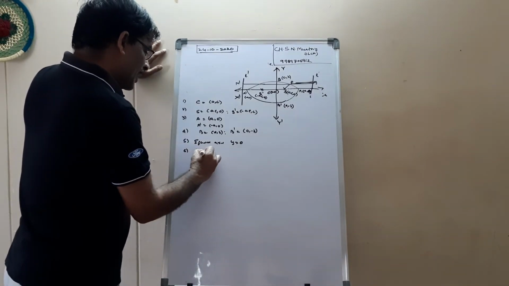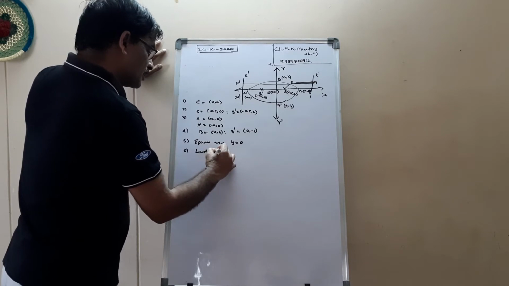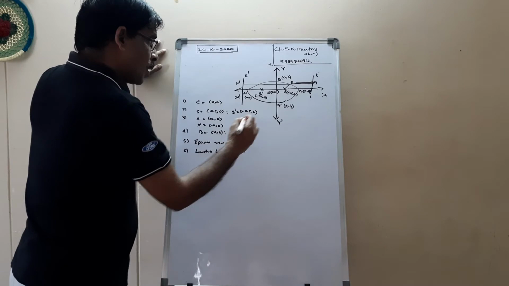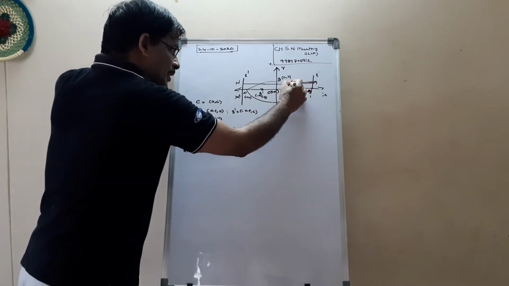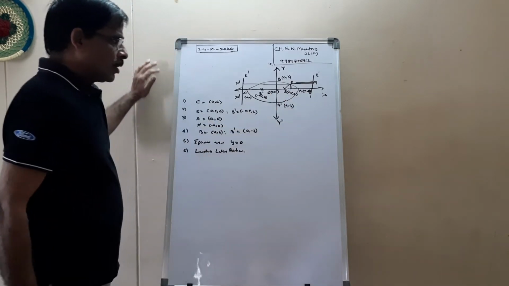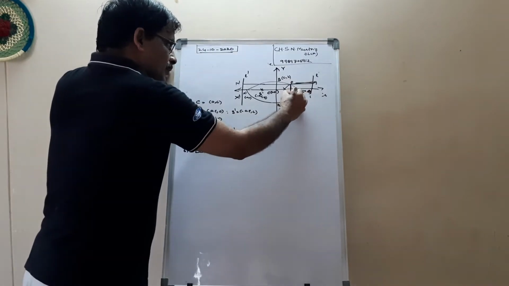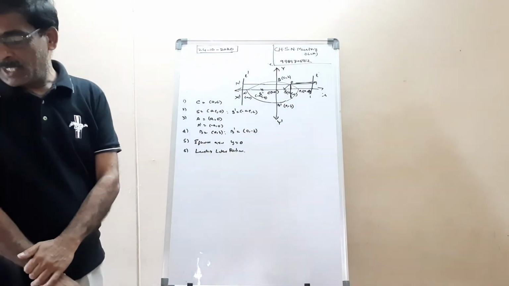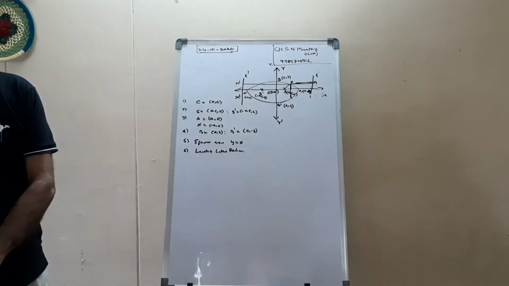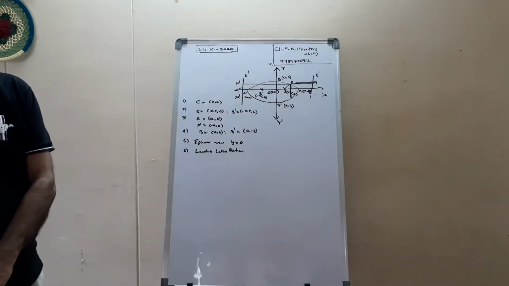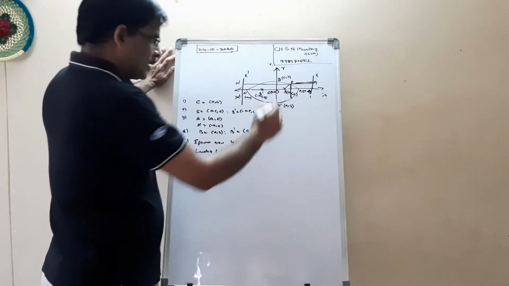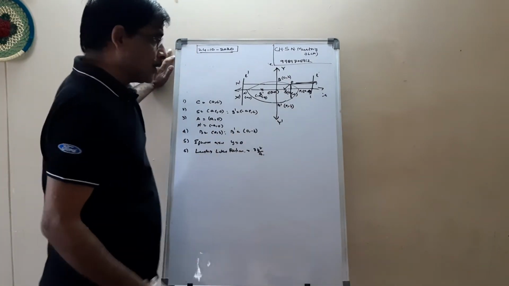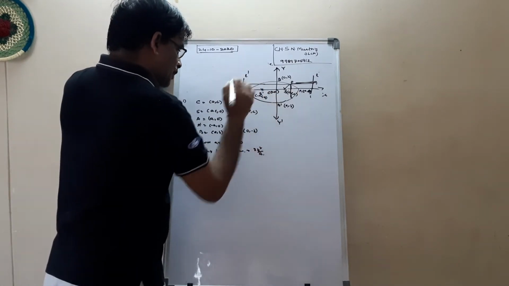Next, the length of the latus rectum. Yesterday we proved that result. The length of the latus rectum is 2b square by a. Yesterday we proved it.